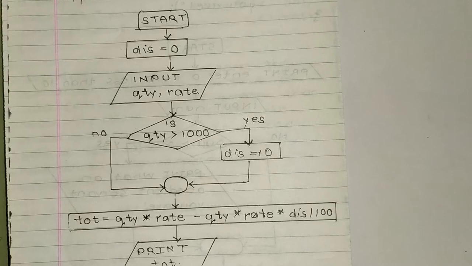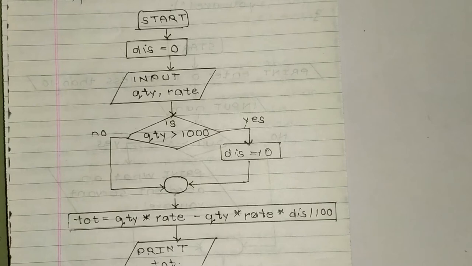That means the inputs are quantity and rate. Now the arrow is pointing towards quantity is more than 1000. So in input we are scanning quantity and rate. So we are giving input of quantity and then rate.